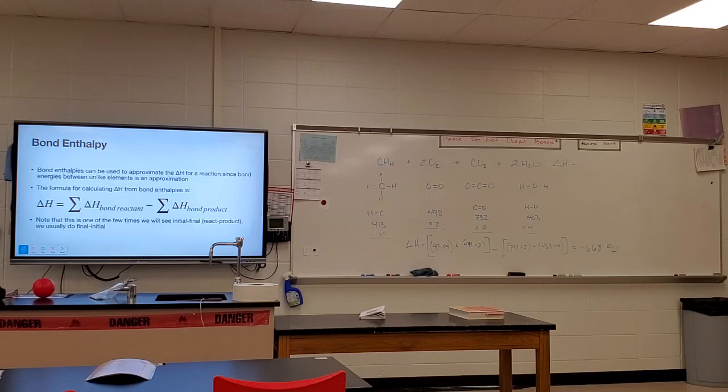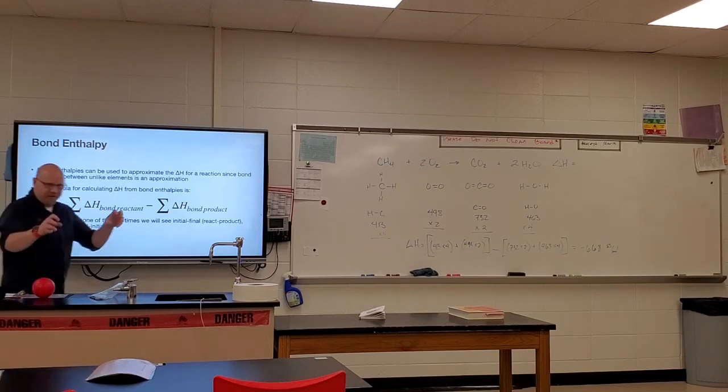Are you gonna ever tell us we have to do it this way or the other way? Well, it kind of depends on the data I give. Because if I give you a data table that has only bond enthalpies, you're stuck with that. If I give you a table that has only enthalpies of formation, you're stuck with that. If I give you a set of equations, you know what you're doing. You have to arrange them and get the final equation.